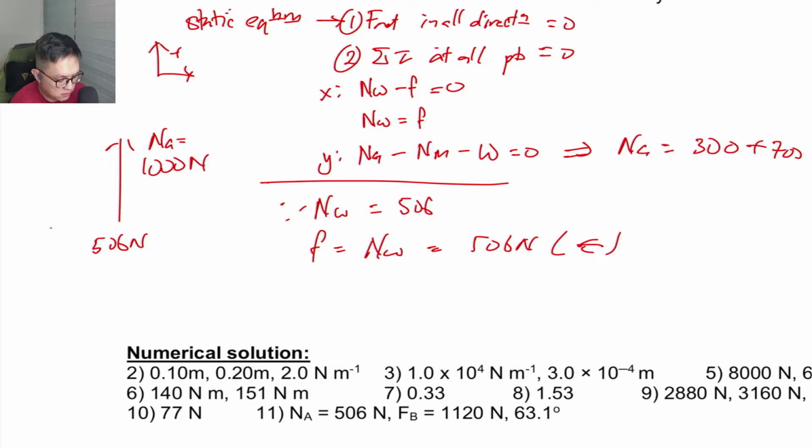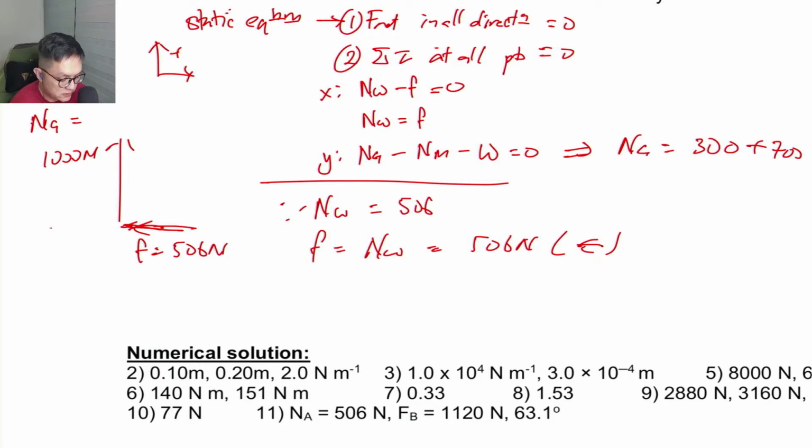So this is 506 newtons. Let's label this so it's neater. NG equals 1000 newtons, and this one is F, equal to 506 newtons.